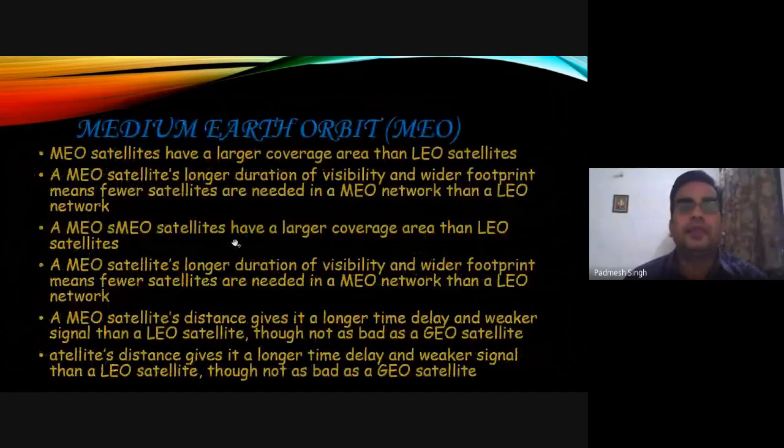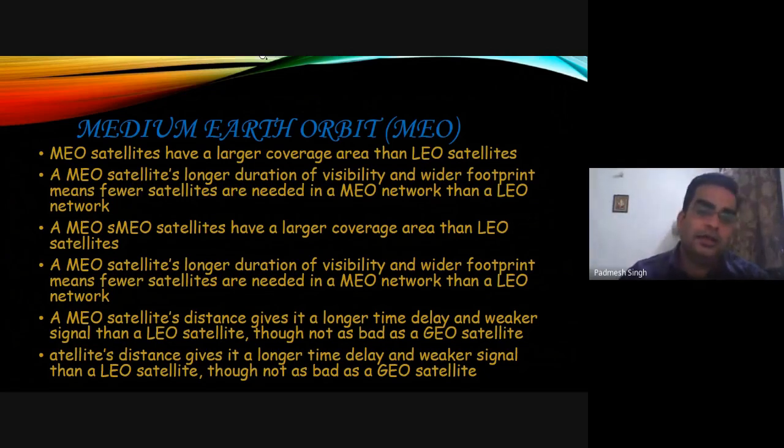Now come to medium Earth orbit. Medium Earth orbits have larger coverage area because it is nearer to the earth, and it will have a higher signal strength because it is nearer to the earth.